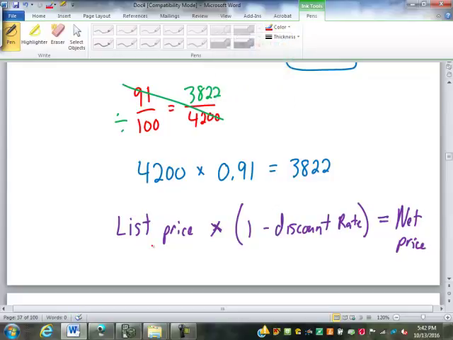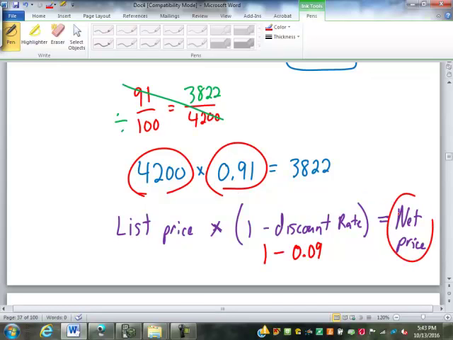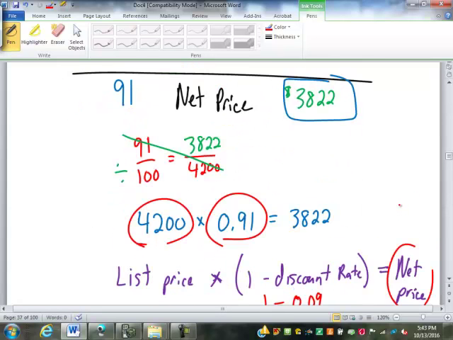So in this case, the list price was the 4,200. The discount rate, well, what percent discount do we get here? 9%. So the rate of that is 0.09. 1 minus 0.09 gives us the 0.91. That's 1 minus the discount rate. Then we multiply to get the net price, 3,822.